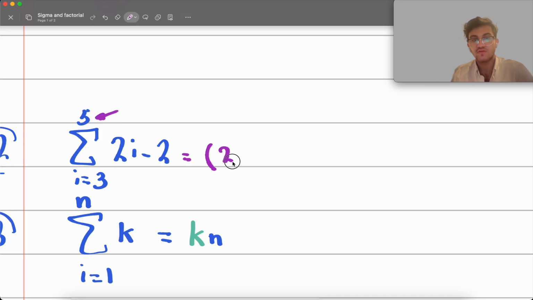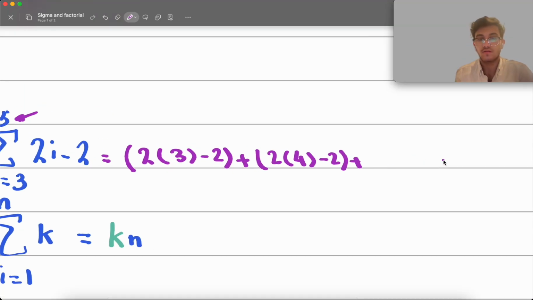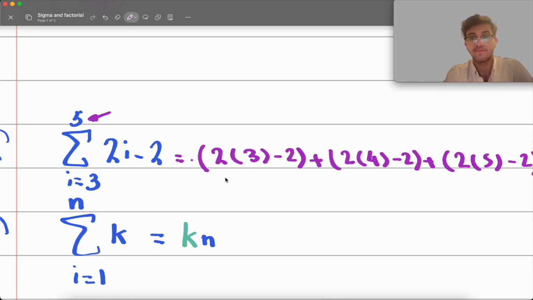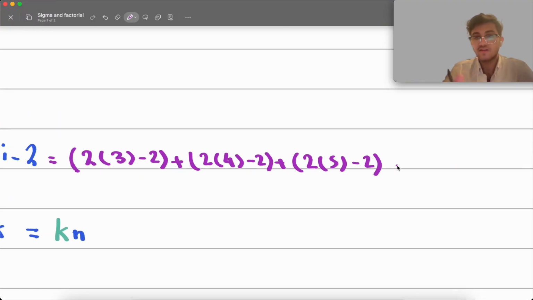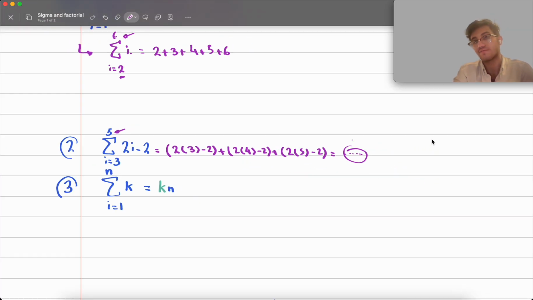So it's going to be 2 times 3 minus 2, plus 2 times 4 minus 2, plus 2 times 5 minus 2. And I stop here because the upper bound is 5. Then I calculate that, and that would be the answer to the sigma notation.